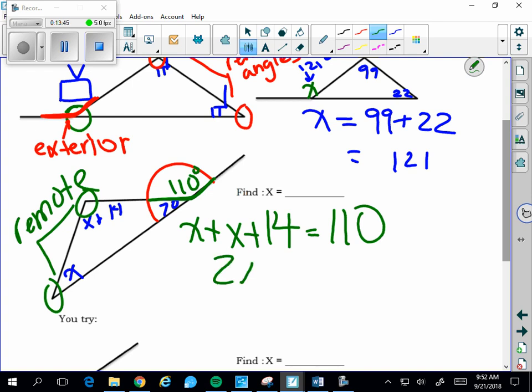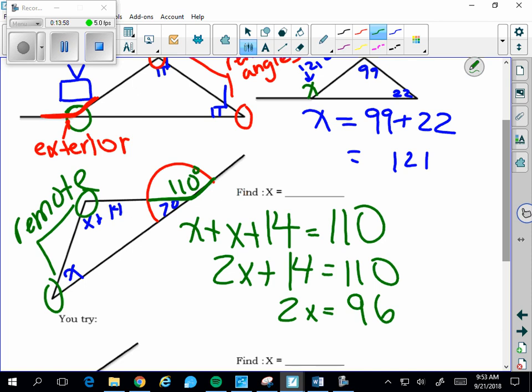And then that just becomes solving just like a regular algebra problem. X equals 48.